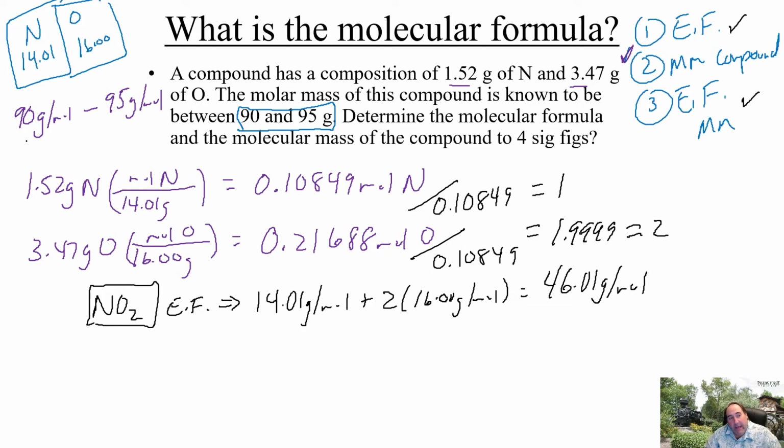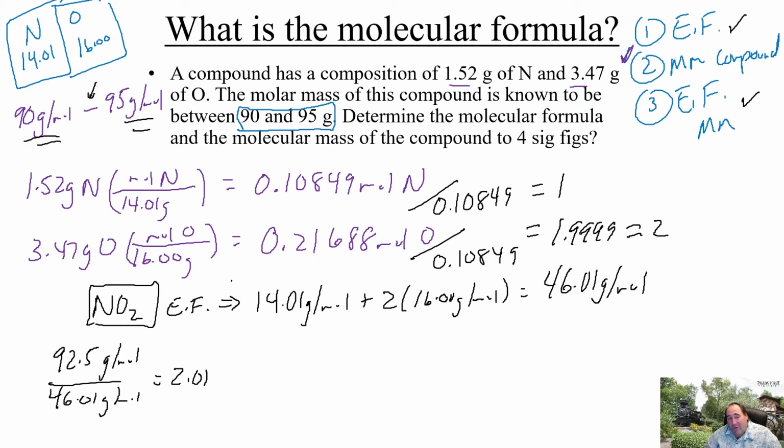We have the low end and the high end, and if we go somewhere in the middle of those two, which you could get by adding them together and dividing by 2, we could use something like 92.5 grams per mole, divided by 46.01 grams per mole. That's going to give me basically a 2.01 as my factor.